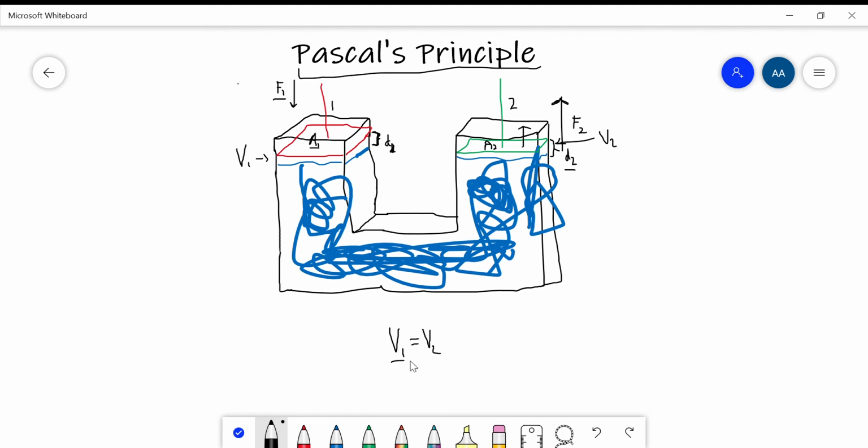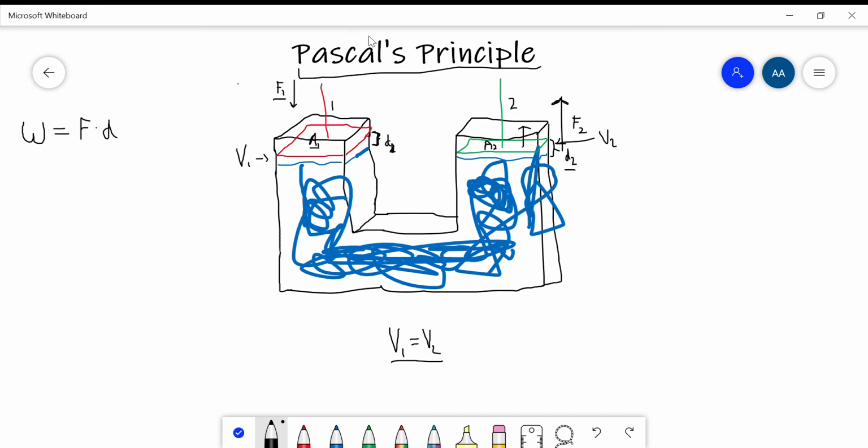So based on that, let's try to get some equations for what V1 and V2 are, because just knowing that, we're trying to derive Pascal's principle, which is not that the volumes are equal. But we can take something called the conservation of energy, which is something you might remember from Physics 1. What it basically is, work, which is represented by W, is equal to F times D, force times distance.